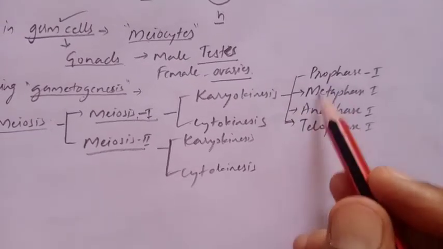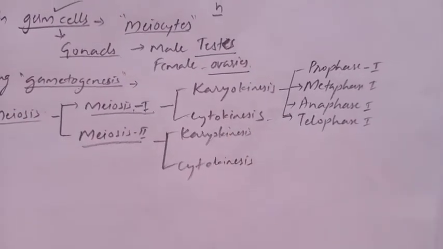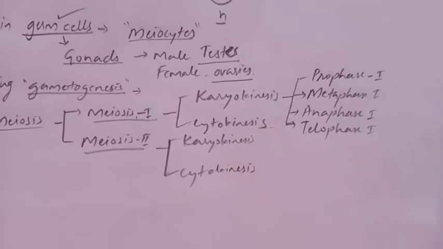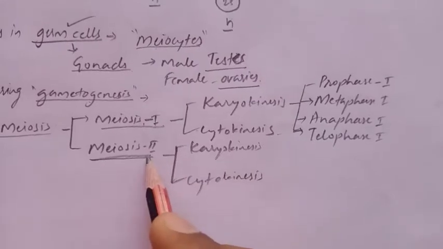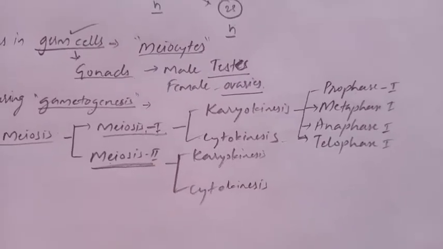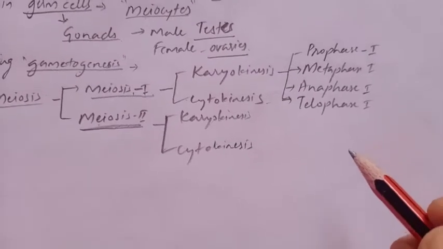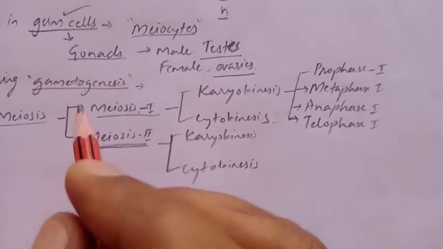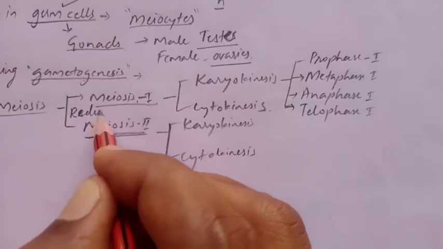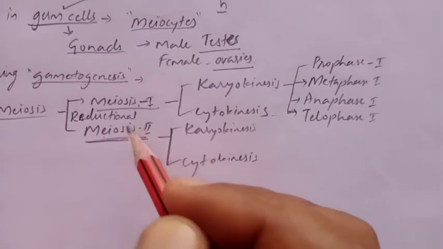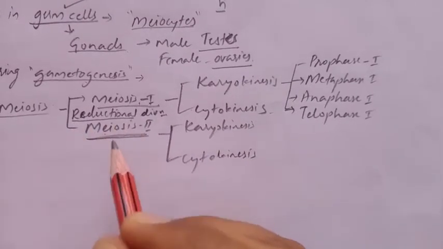After that it undergoes cytokinesis, and then it enters the next division, called meiosis 2. Meiosis first is very specific, and we mention it as the reductional division. Very important term, reductional cell division.